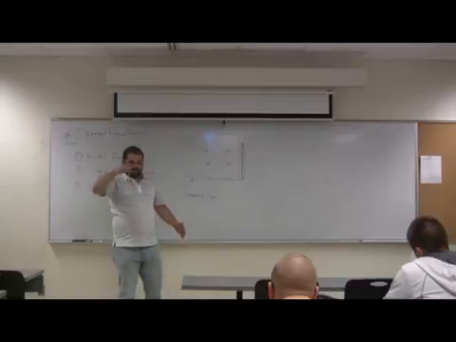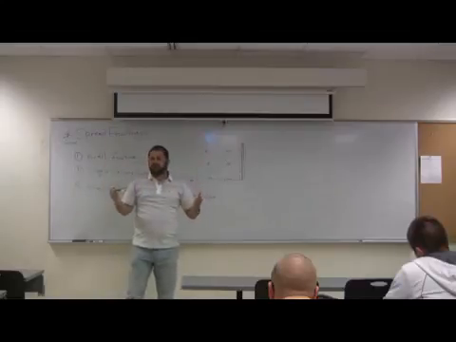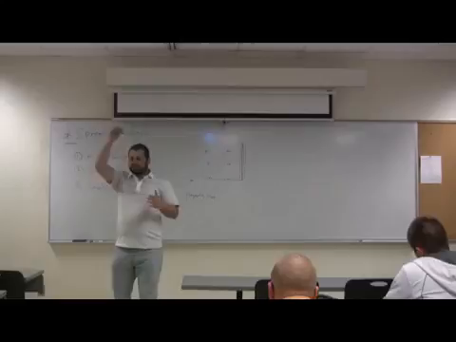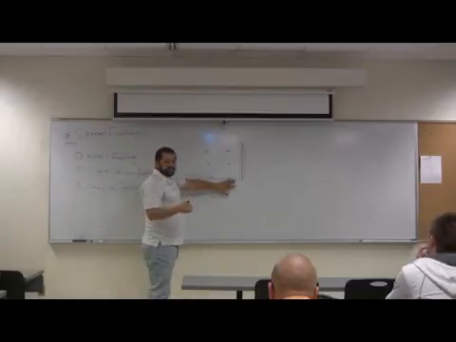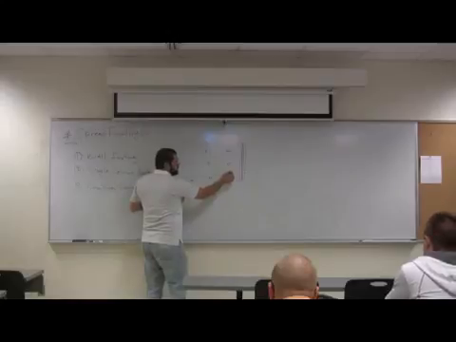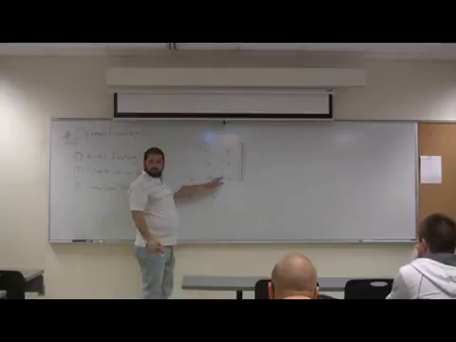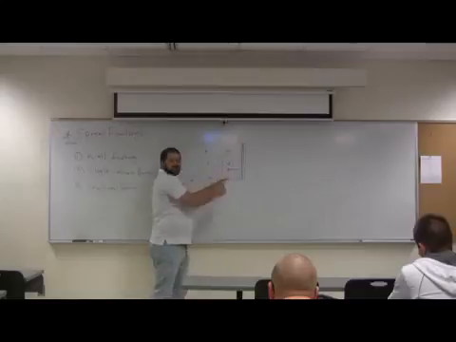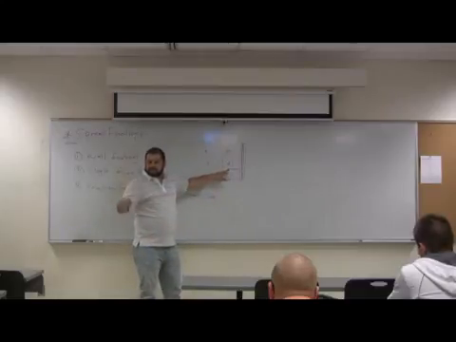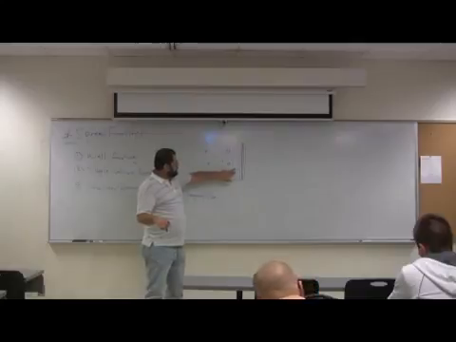If it's a combined footing, the resultant must be within the center of the footing. So in this case, you combine this one with the nearest column, such that the resultant of the axial forces on both is in the center of the footing. We're going to study how we calculate that.